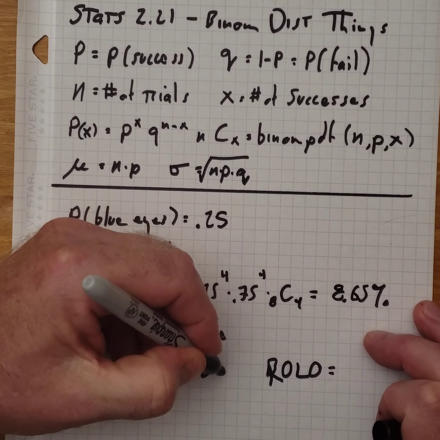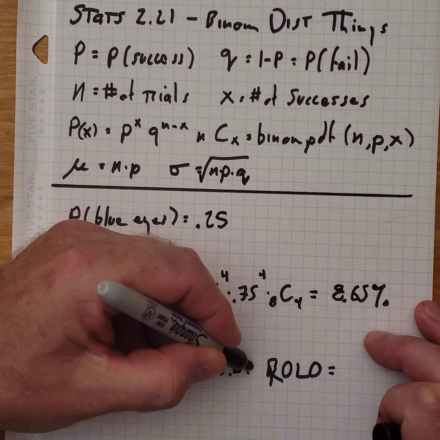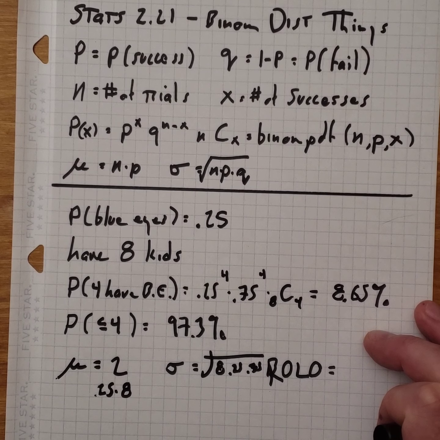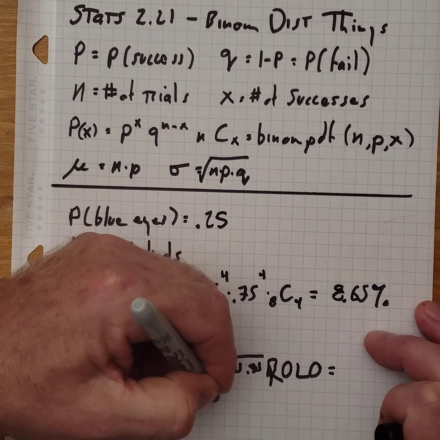Our standard deviation is going to be the square root of 8 times 0.25 times 0.75. I'm sorry, I really did not leave much room there. And you can do this in the calculator. 8 times 0.25 times 0.75, square rooted, gives us 1.22.